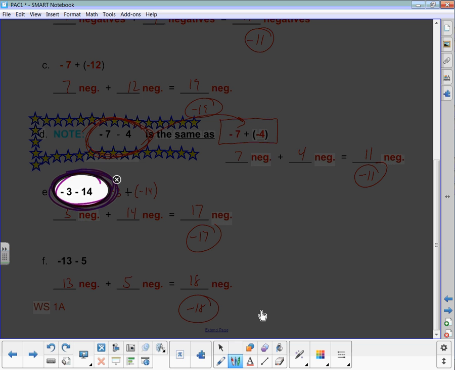Here's what students think wrongly. They think negative 3 subtract 14. Oh, you don't want to think that. You don't want to think negative 3 subtract 14. Get that thinking out of your mind. Train your brain instead to think 3 negatives and 14 more negatives. Now you're going to get a right answer, 17 negatives.